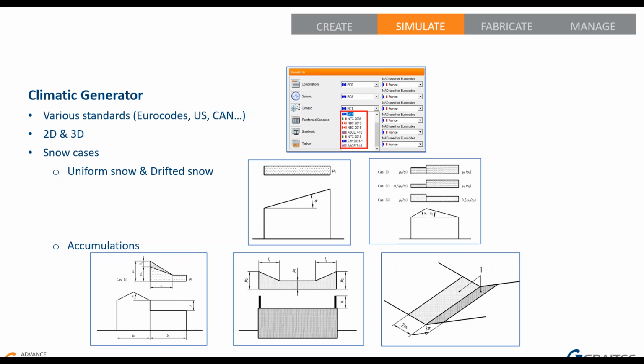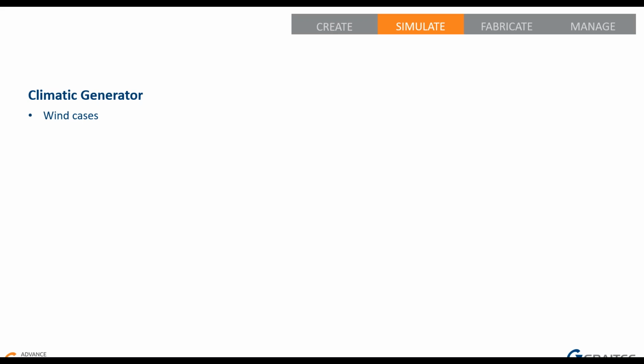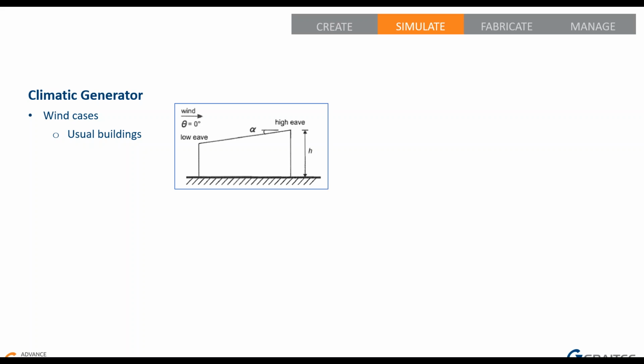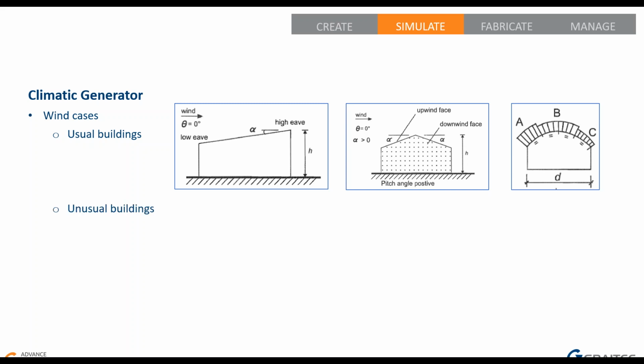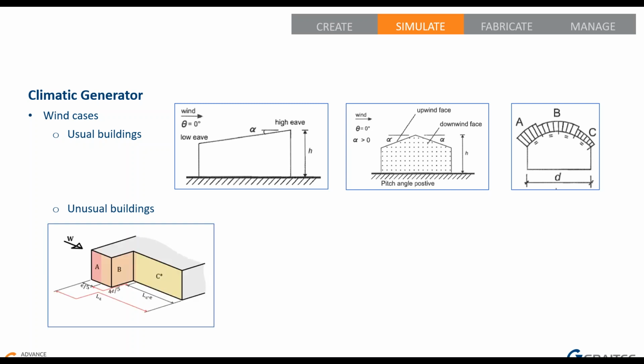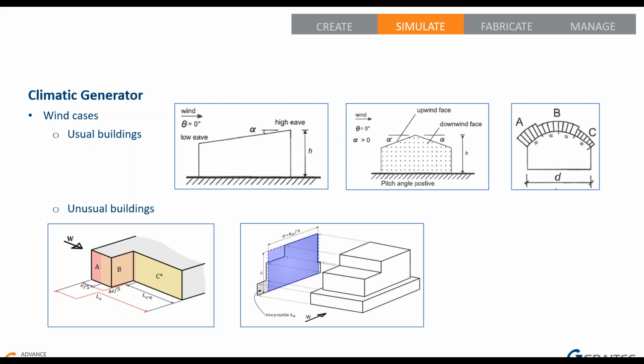But snow cases are only one thing, because then you've got the wind cases, and they are way more complex, especially in the latest standards. So you will need a generator to handle the usual buildings, like the monopitch ones, the duopitch ones, and even the vaulted roofs. But you also need one that will handle the unusual buildings, like what if you have an L-shaped building, or a building with vertical discrepancies, because these shapes are not covered in the standards, but that doesn't mean they don't exist.